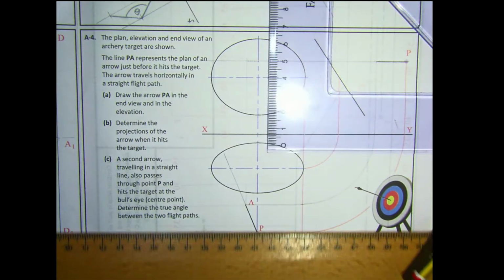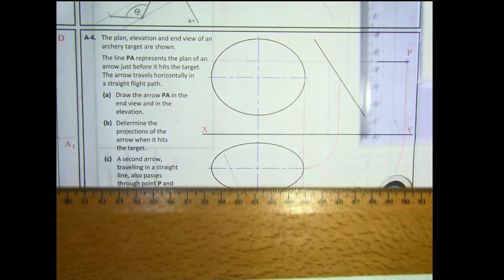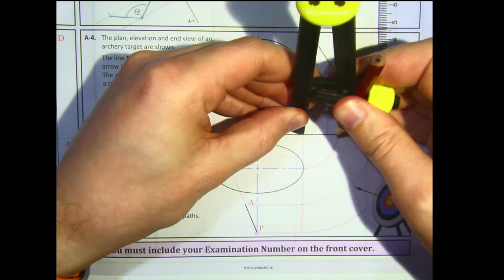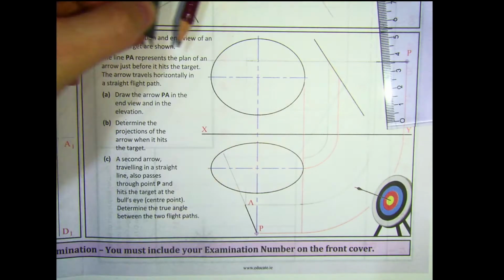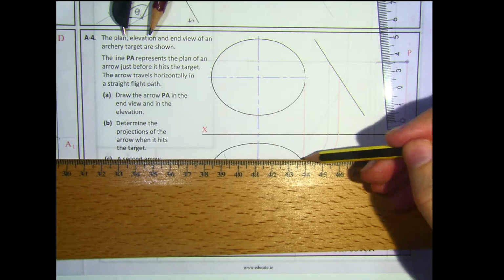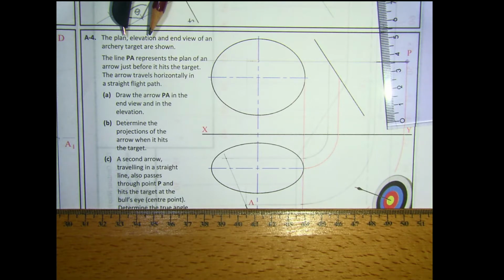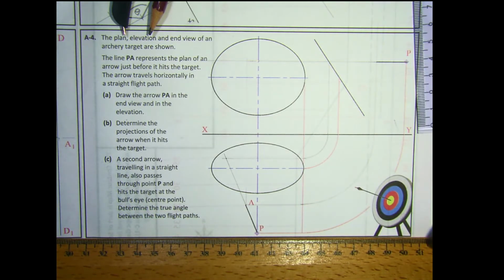So what we can do next is take this point and find that now down in plan. Rotate. And this point across here. So this point here is the point of intersection where the arrow enters the board.